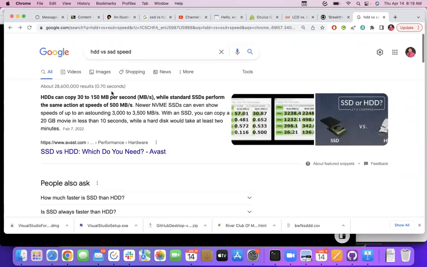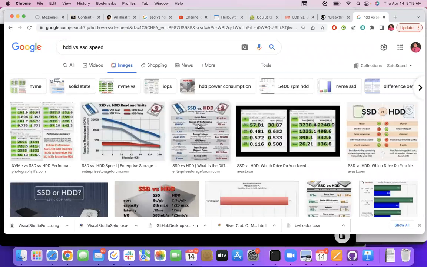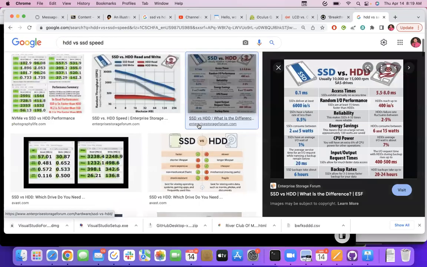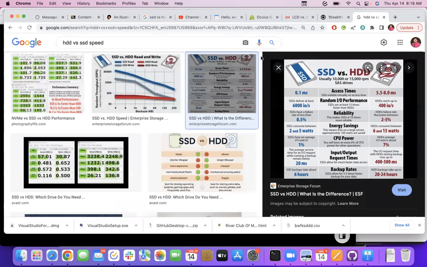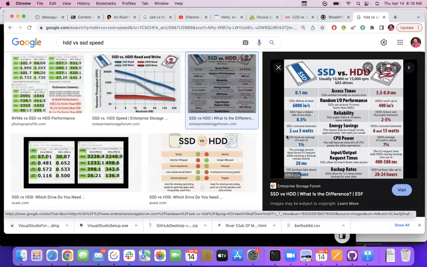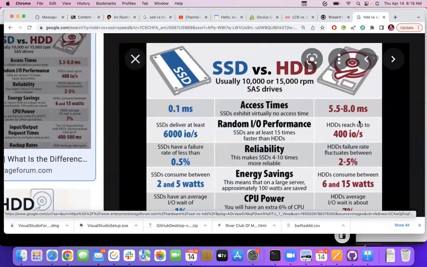That chart up there is not actually what I wanted; maybe under images we'll find a direct comparison. Okay, these things might even be a little bit dated, but this just gives you an idea.